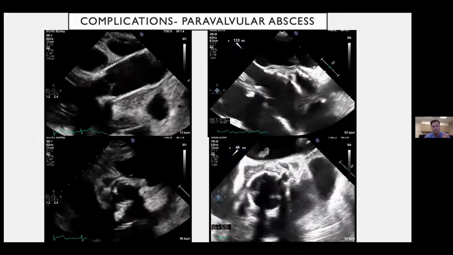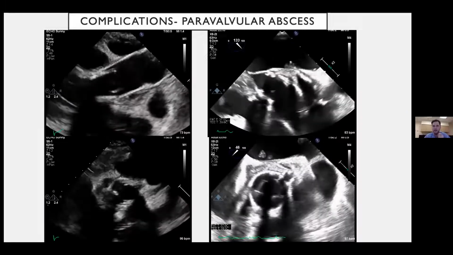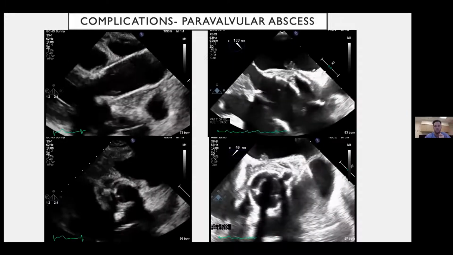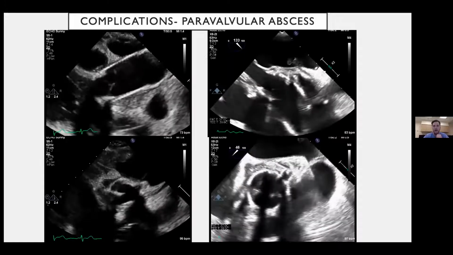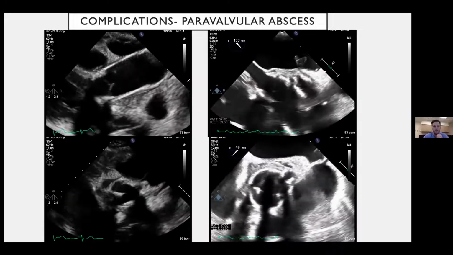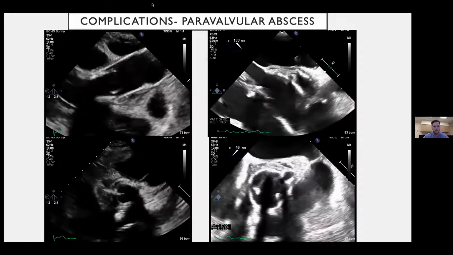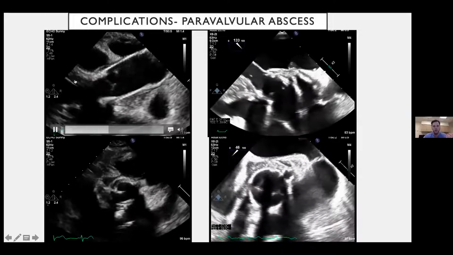So this was a woman with a prior bioprosthetic aortic valve replacement and an ascending aorta replacement in 2 separate surgeries. She was initially admitted with septic shock and was found to have MSSA bacteremia. TTE images are seen on the left. The valve you can see right here actually looks free of vegetation with normal function.